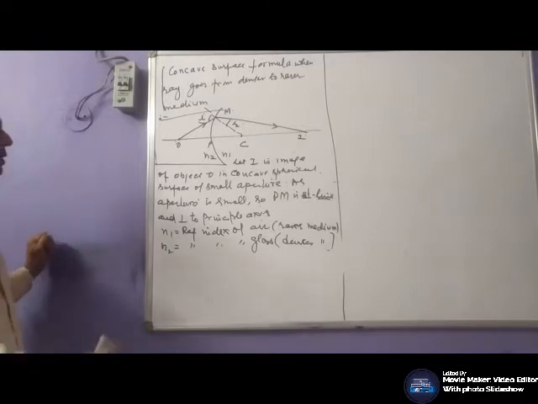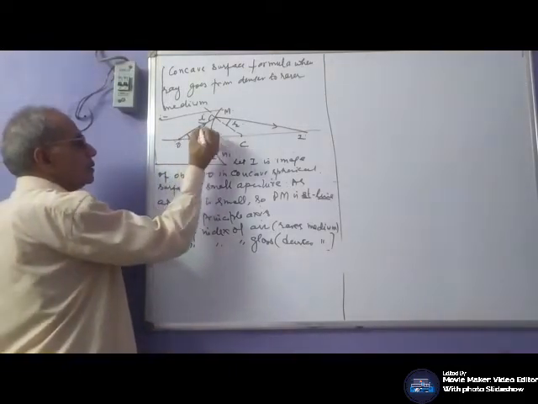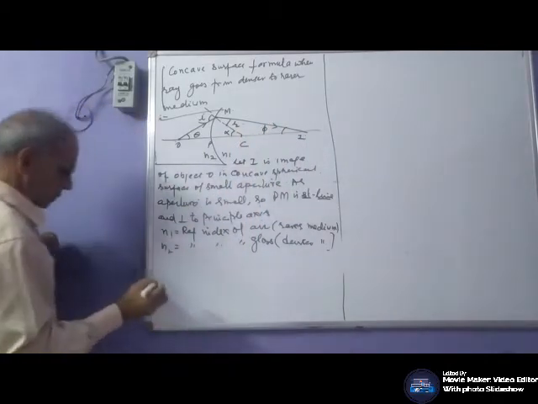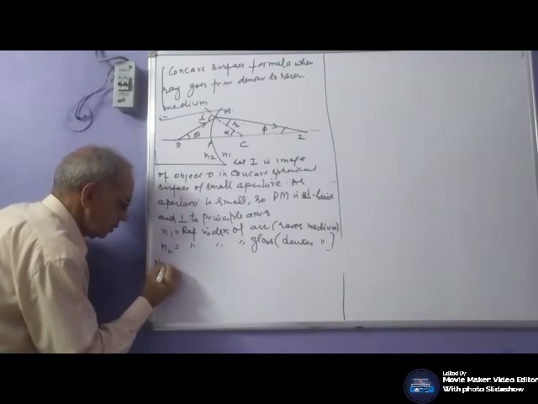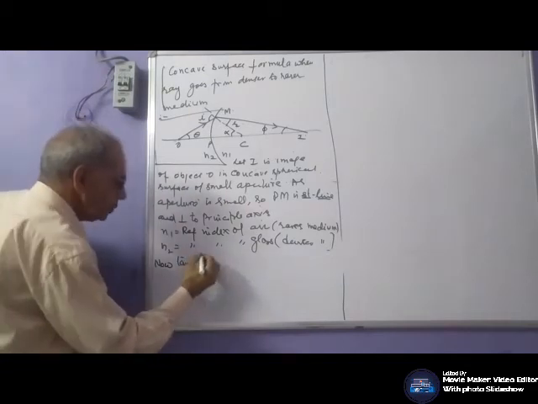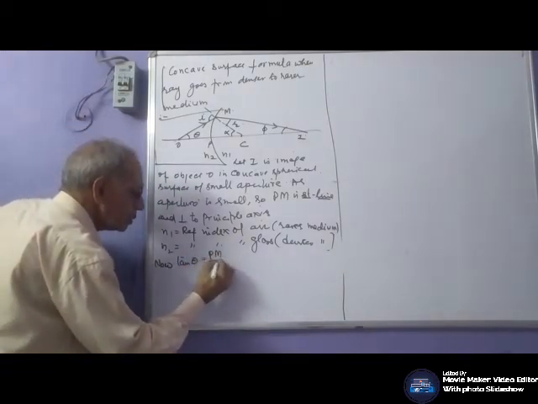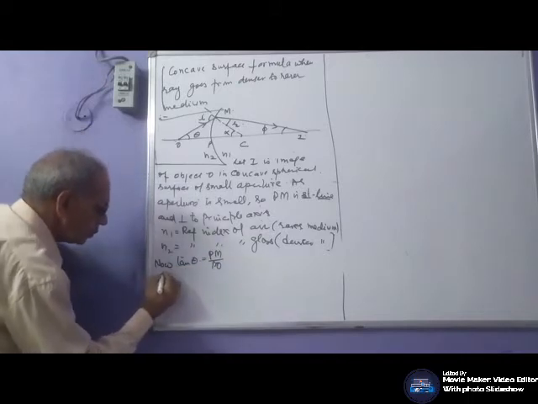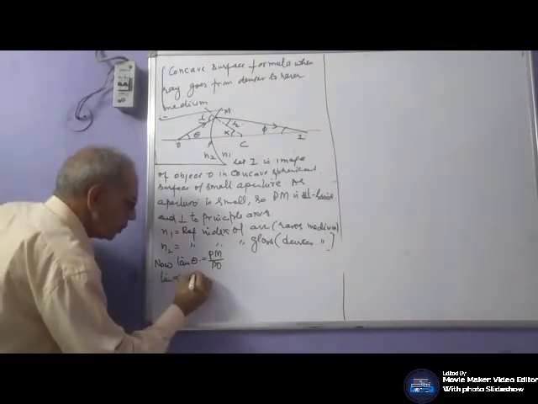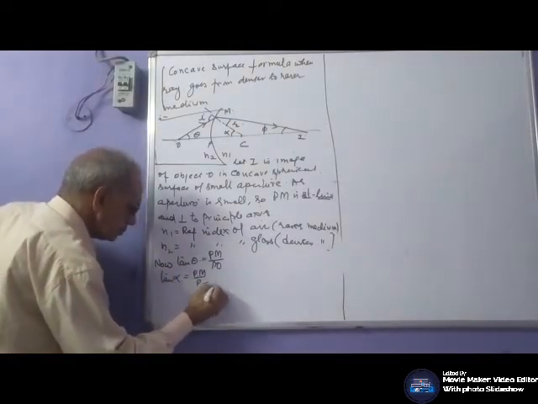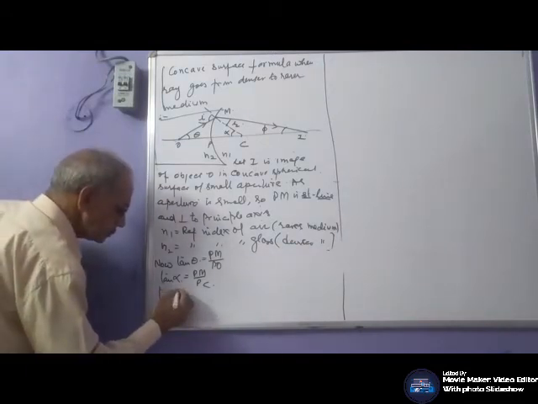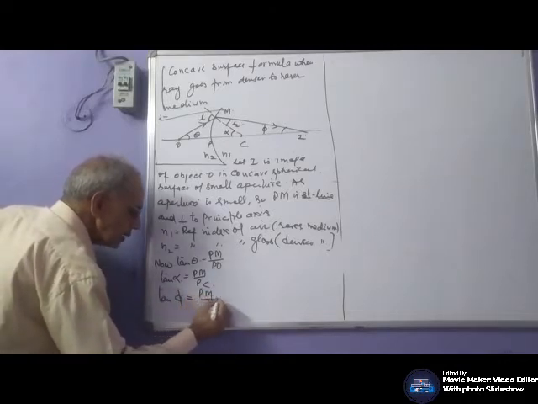For I and R, take the base angles theta, alpha, phi. tan theta is PM by PO, tan alpha is PM by PC, tan phi is PM by PI.